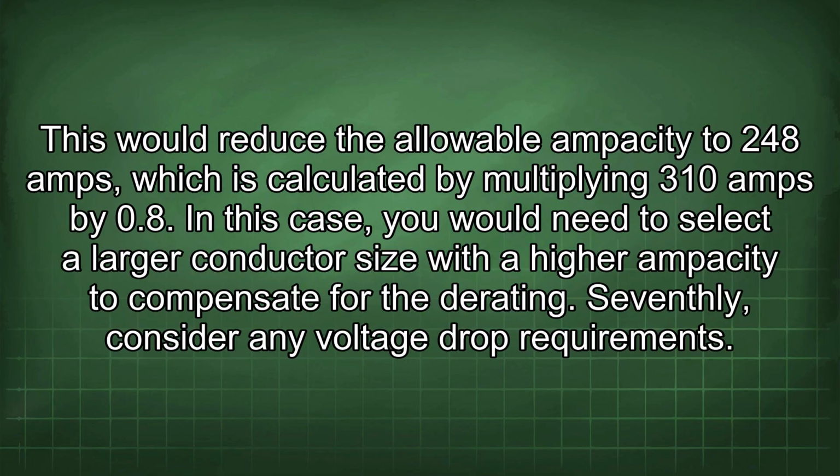This would reduce the allowable ampacity to 248 amps, which is calculated by multiplying 310 amps by 0.8. In this case, you would need to select a larger conductor size with a higher ampacity to compensate for the derating.